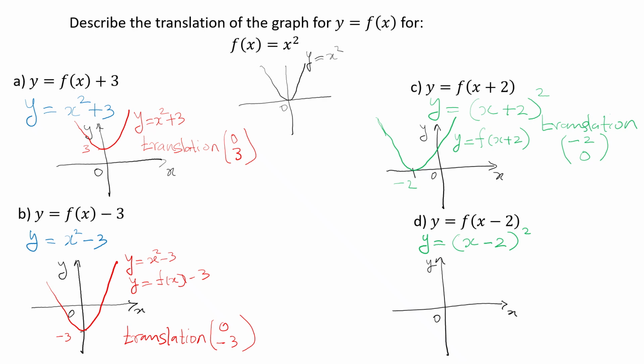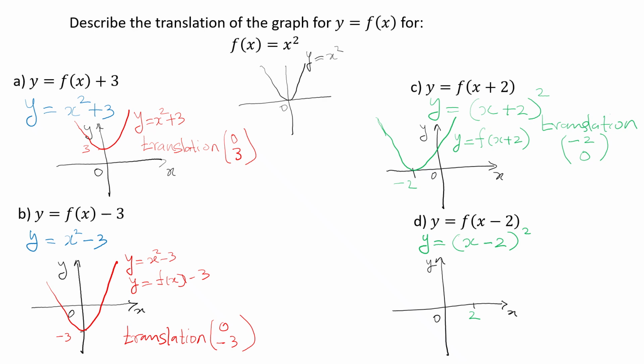Now the constant is inside the bracket, so the graph moves left or right horizontally. So when y equals 0, what is the x value? The x value is positive 2.